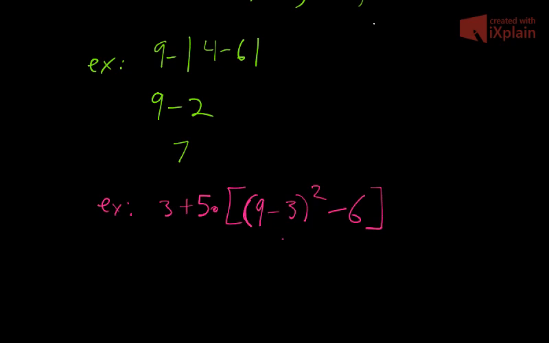So the first thing we're going to want to do is to look for our symbols of inclusion. In this case, that's the bracket and the parentheses. So now that we have that, we want to go to the innermost one. So the innermost one is going to be right here, and we're going to do the innermost first.